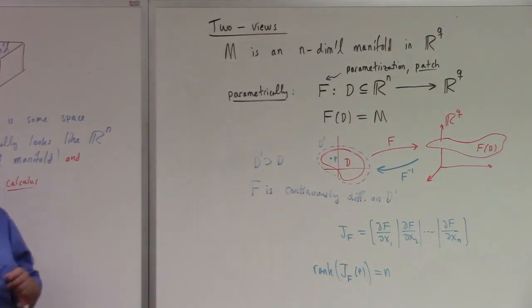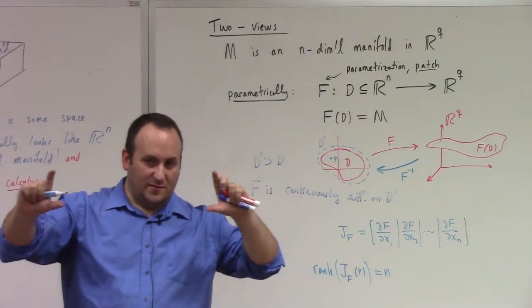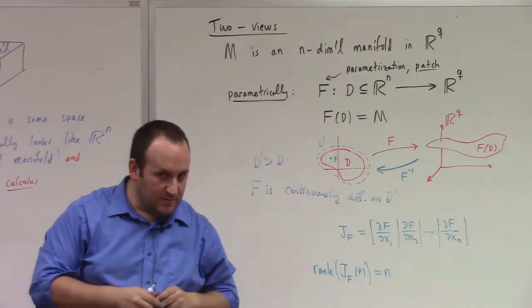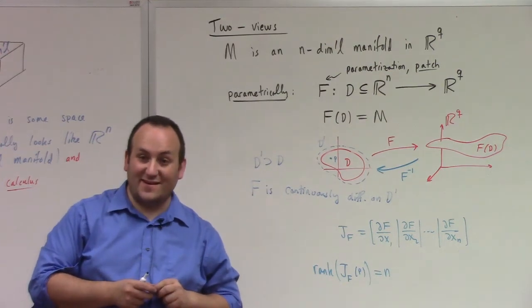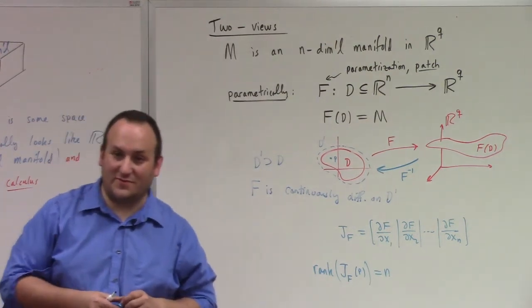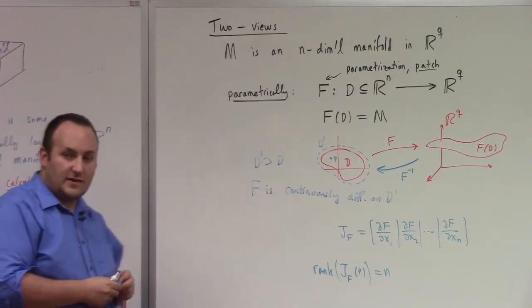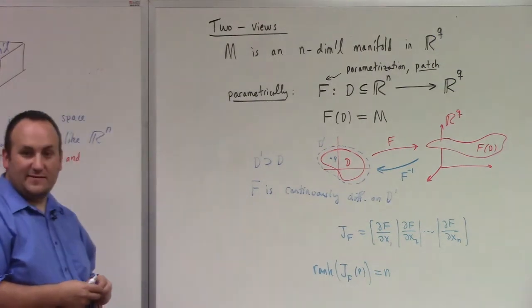Remember, the inverse function theorem assumes equidimensional domain and codomain. But that's a consequence of our definition. We don't have to assume it. But you're right, n does have to be less than or equal to q, otherwise we cannot have rank n. That's right.